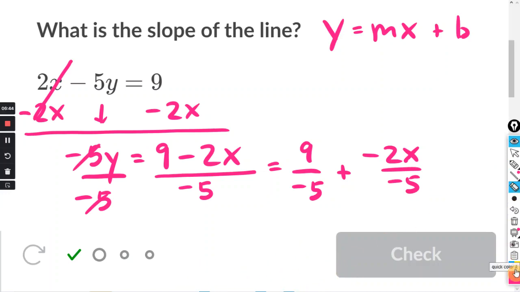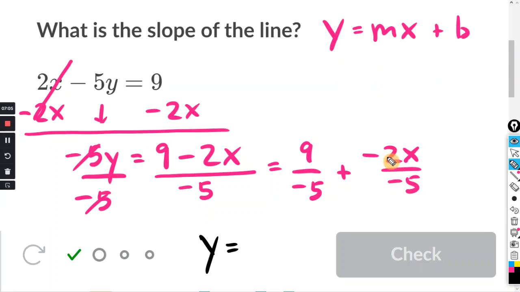So let's finish this. All right, so we have y equals, and this mess became this right here. Now, I'm going to write the x part first, just so I can have it in this form, but it doesn't matter. 2 negatives multiplied or divided makes it positive.